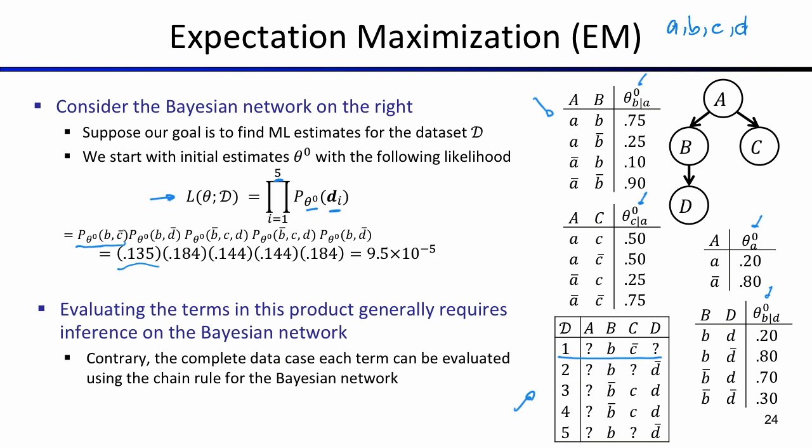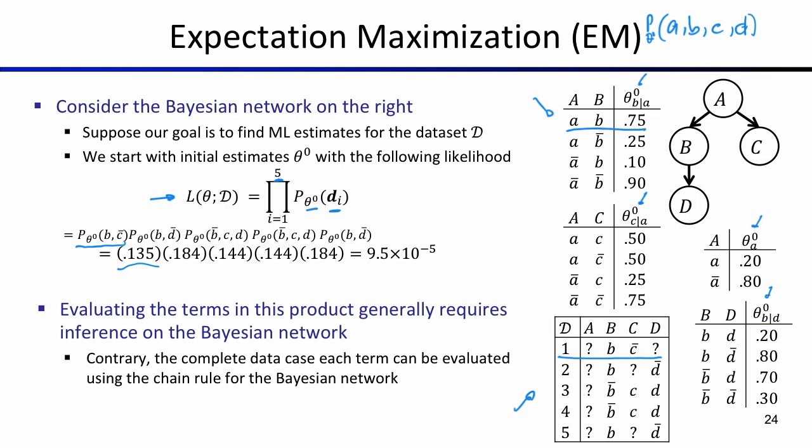What we have to do to compute the probability of A, B, C, and D given these theta 0 parameters is only to look at the entries of the table that conform with this assignment. We multiply 0.75 because it has A and B true.